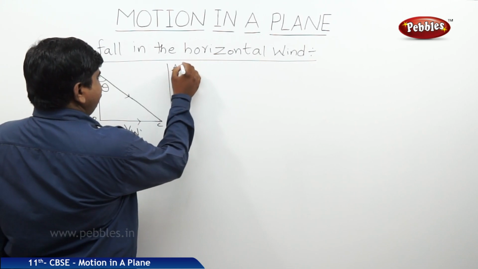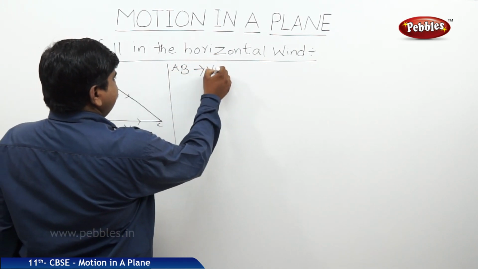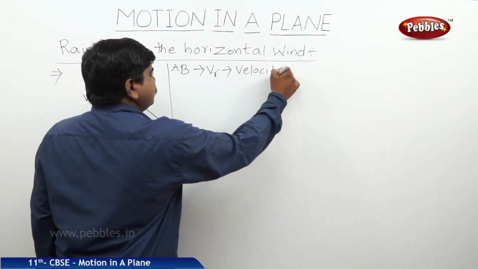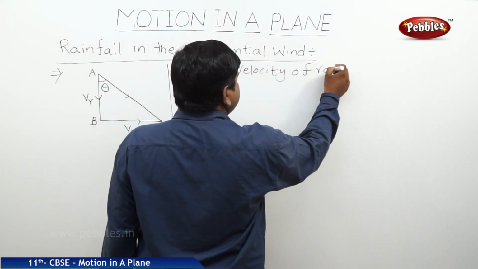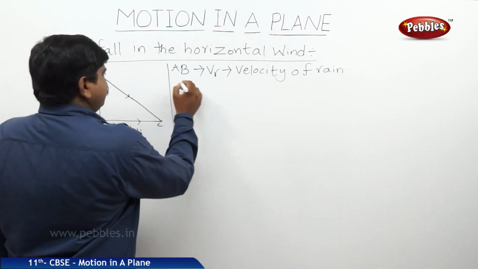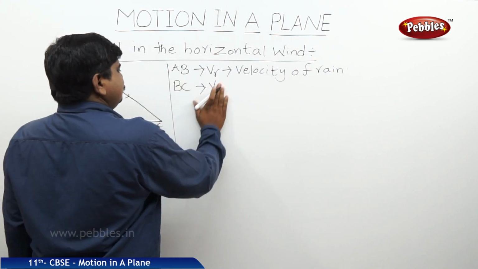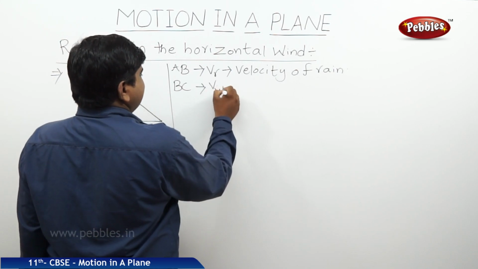We can write AB is equal to VR is equal to velocity of rain, BC is equal to VW is equal to velocity of wind.